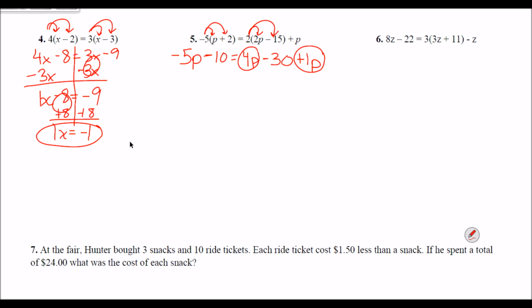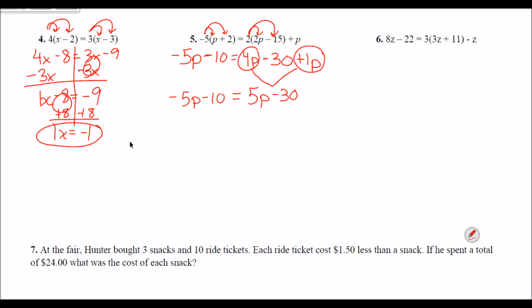So in front of the 1p, I have a plus sign. So the 4p plus 1p become 5p. And the subtract 30 drops down. And on the left side, like we said, we could not do anything with it, so we brought it down. All right?